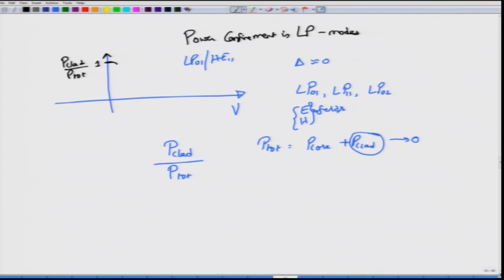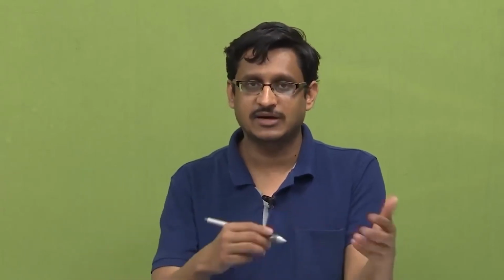What it means is that at cutoff, the LP01 mode has most of its power not confined in the core, but propagating in the cladding, which is completely a waste for us, because the power in the cladding will not be able to sustain long distances, and you are simply wasting power by sending more of it into the cladding. You want more power if you want to cover more distance, but that is not an ideal situation, because the cladding has an extremely large decay constant.